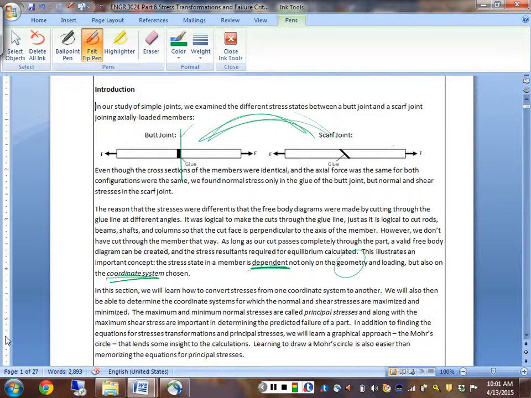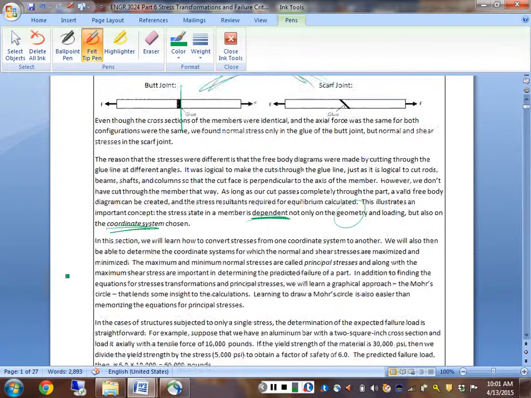So what we're going to learn how to do is transform the coordinate system, and then we're going to look for the angles where we don't have any shear, because then it's accounting for the fact that I have normal and shear, but I can move my coordinate system around and figure out where there's a 0, and then we're going to have a normal stress that accounts for both of them. And if that doesn't quite make sense, roll with it, do the math, and hopefully you'll see that it does jive.